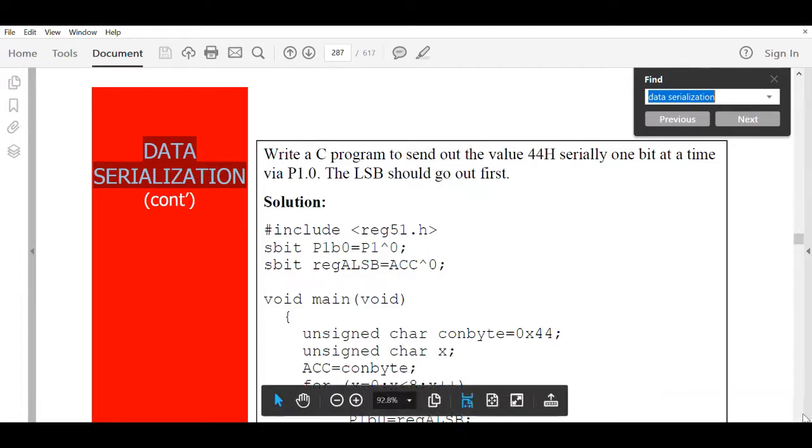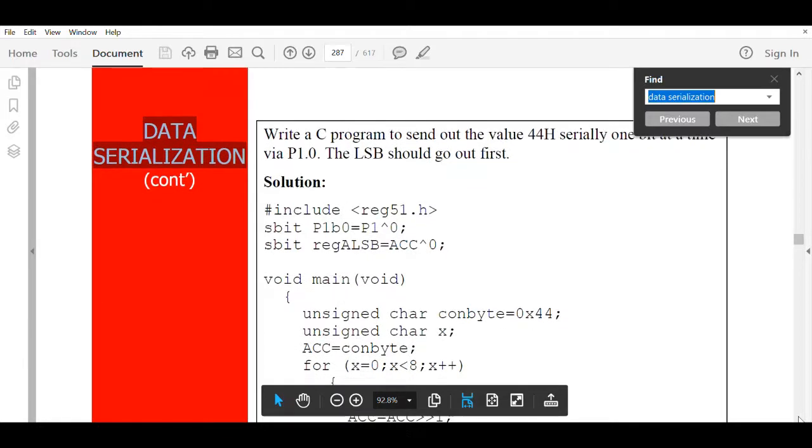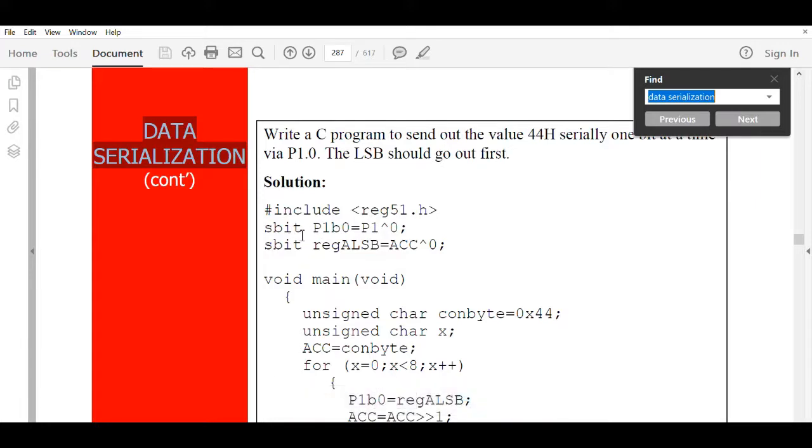When you're writing C programming, it is bit by bit. So P10 should be declared first. It's a single bit, and this is just the name given to it. The accumulator LSB is what you are going to transmit to P10. We are not making use of the carry concept here.